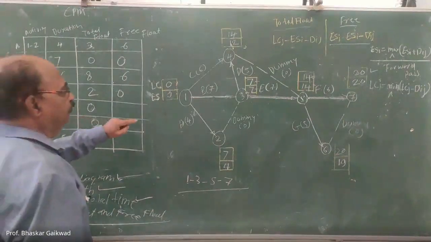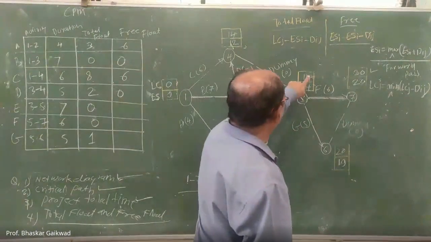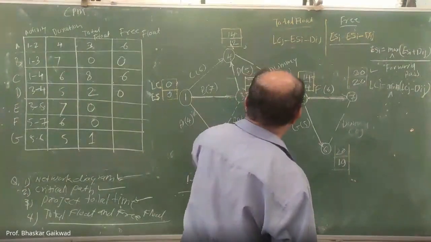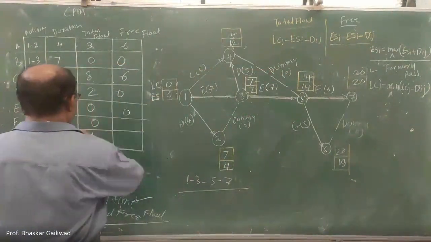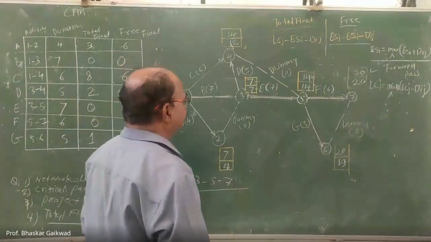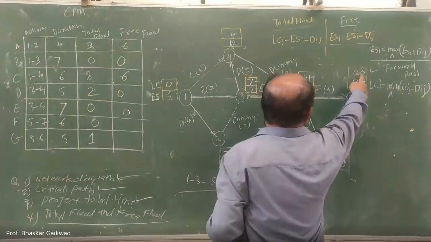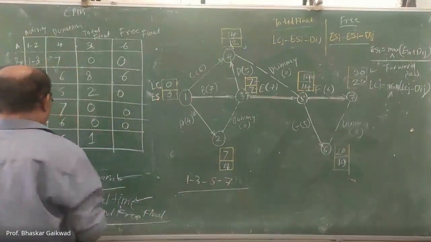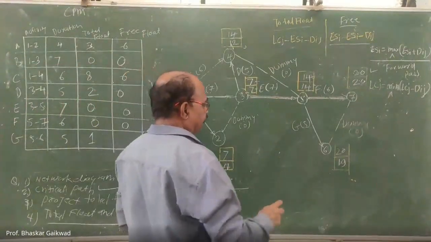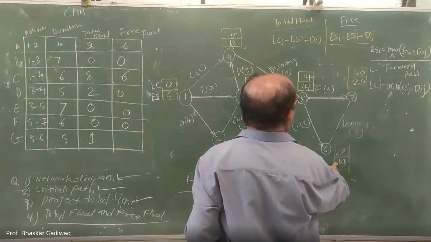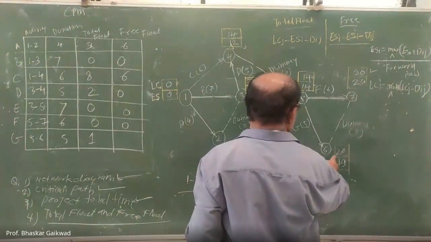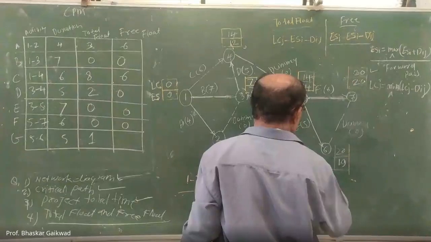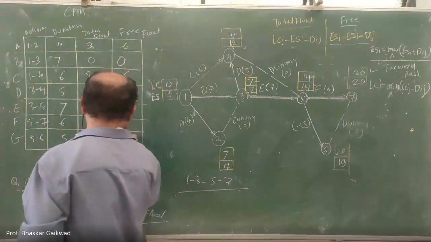Then 3 to 5: 14 minus 7 minus 7, 0. 5 to 7: 20 minus 14 minus 6, 0. And the last one, 19 minus 14, how much? 5. 5 minus 5, 0.